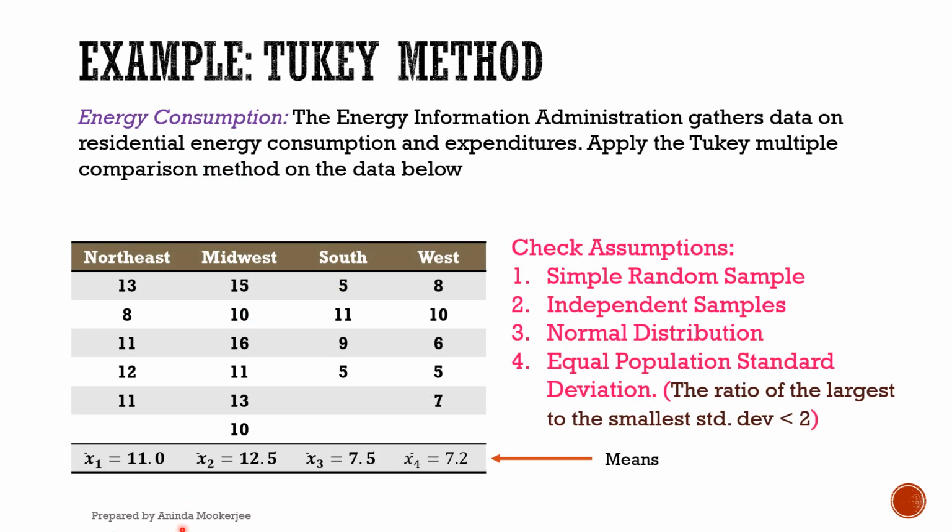So now we are going to proceed to finding the confidence intervals between the different regions. We are going to find a confidence interval between northeast and midwest, then northeast and south, northeast and west, midwest and south, midwest and west, and then south and west.